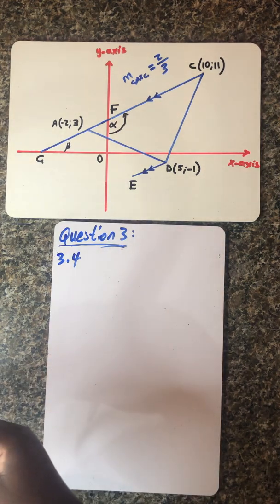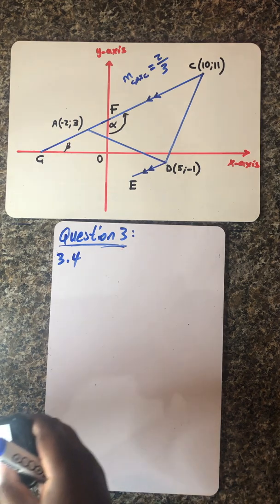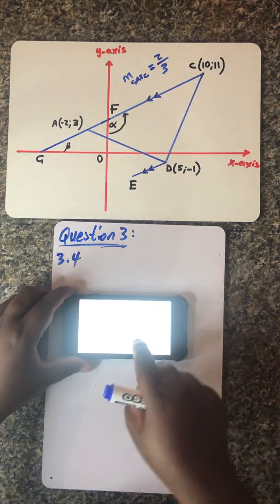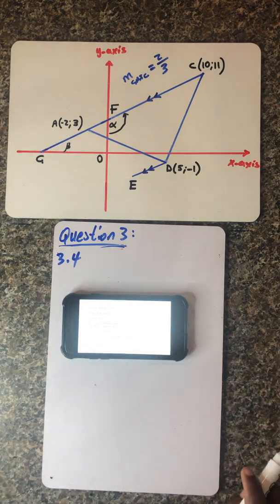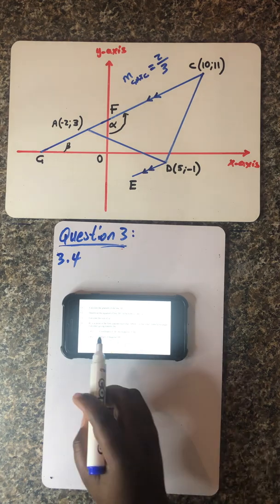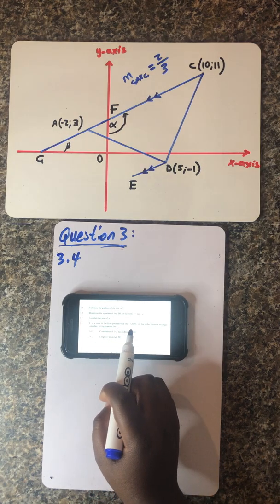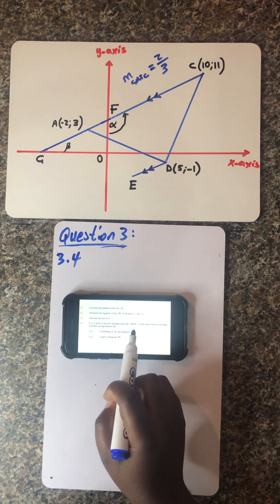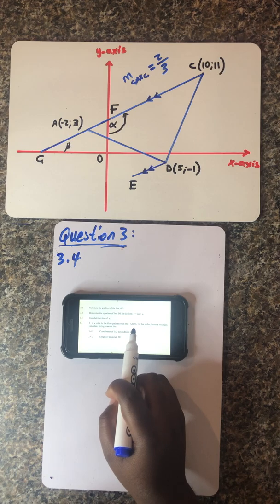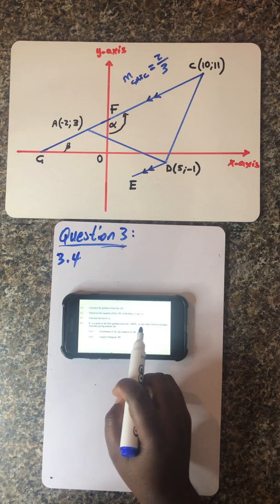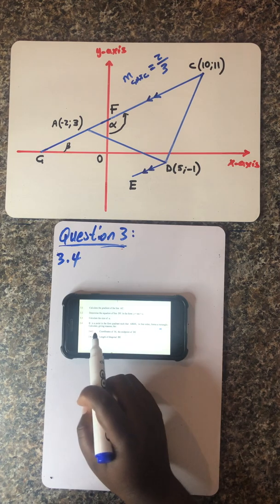Let me quickly check. Oh, there you go. So the question says B, it's actually a mini statement which is given there. It says B is a point in the first quadrant such that A, B, D, E in that order forms a rectangle.